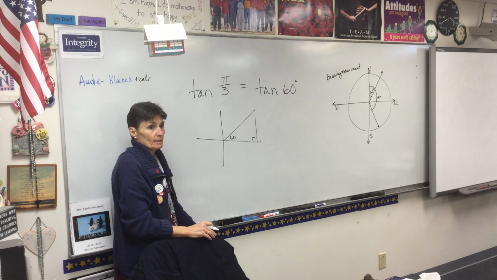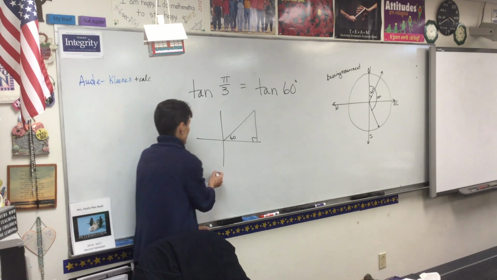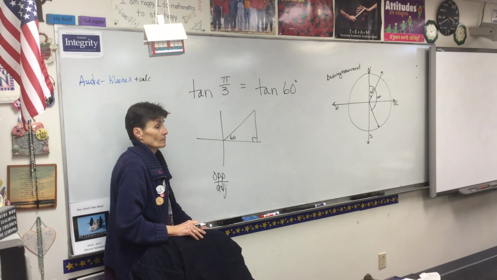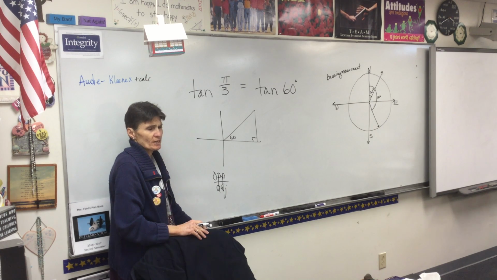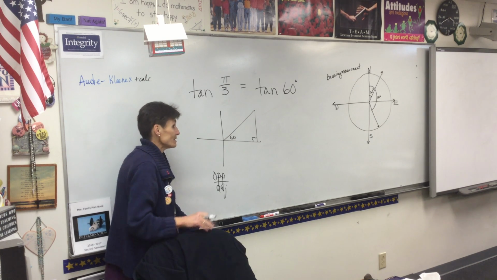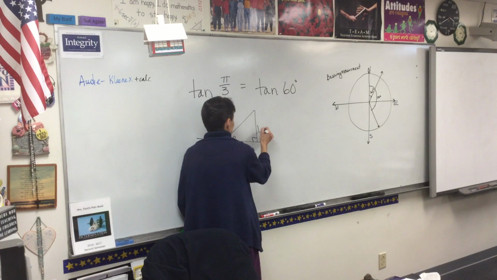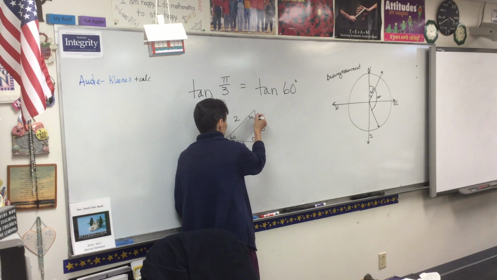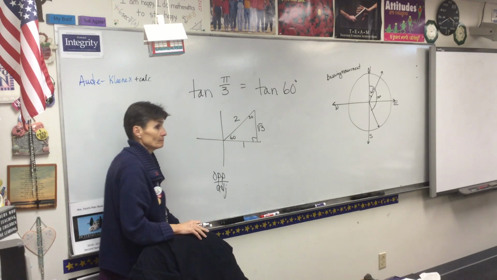Right? Now, I know tangent is opposite over adjacent. Correct? So, how do I figure out what opposite and adjacent are? I have it memorized. Across from the 60 is root 3, the hypotenuse is 2, and across from the 30 is 1.